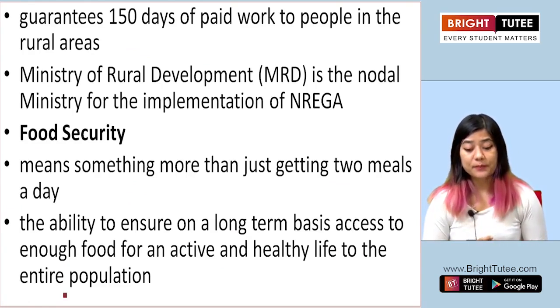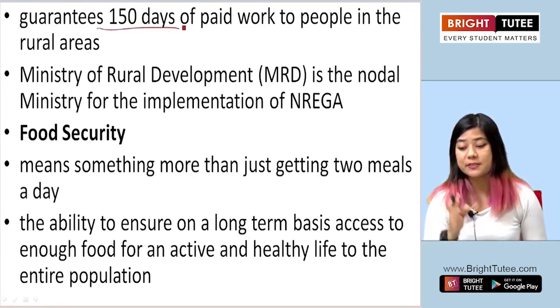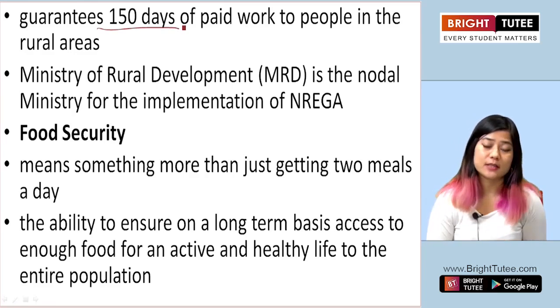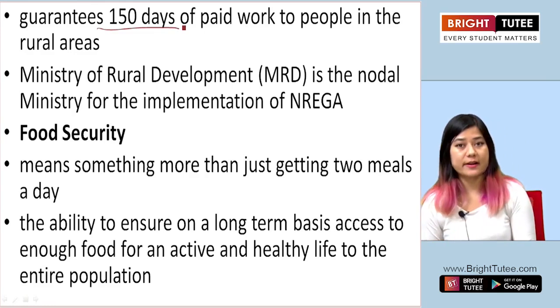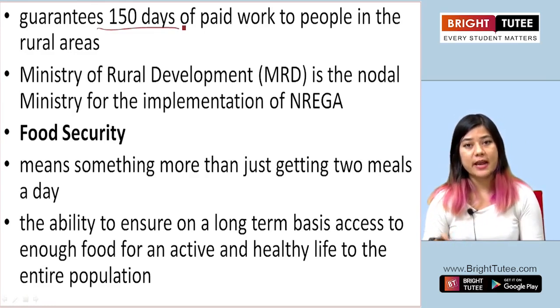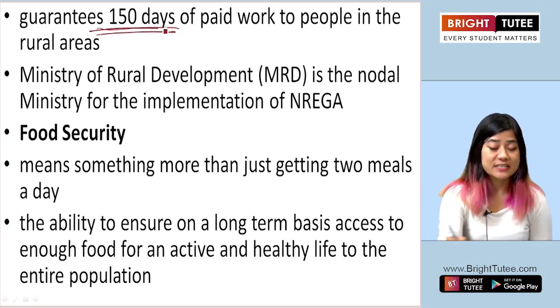According to this scheme, 150 days of guaranteed paid work is provided to the people living in the rural areas. So this scheme is for the development of the rural areas. It makes sure that people in the rural areas are provided work with a salary for 150 days.